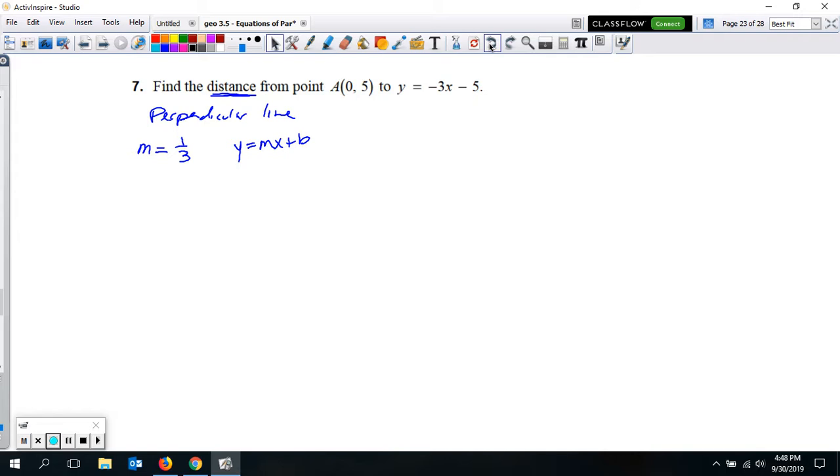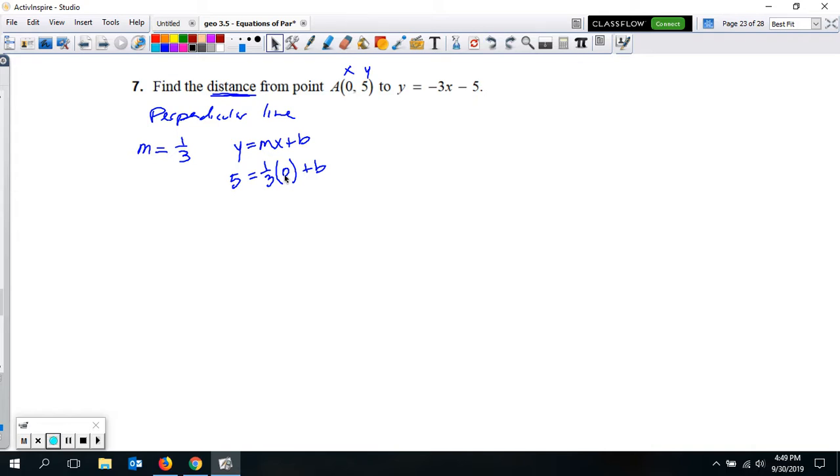So we're going to use our y equals mx plus b, and we're going to use the point A as our x and y. So 0 and 5 are the x and y numbers. 1/3 is our m number to plug in. We need to figure out what the b is to be able to write this new equation that's a perpendicular line to this one. And so we see we got 5 is equal to 1/3 times 0.